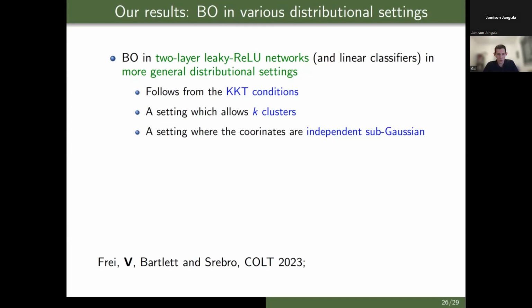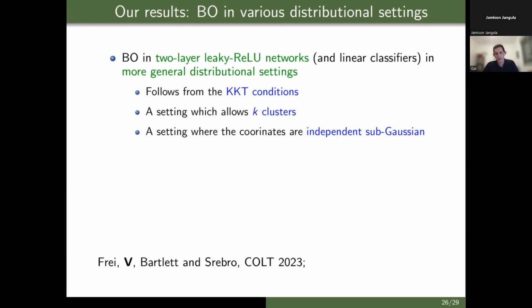Basically, we showed it for two distributional settings. The first setting considers a mixture of K Gaussians. Essentially, it considers K clusters. And we showed that under certain assumptions on the size of the cluster mean, the radius of the cluster, and the correlation between clusters, we get benign overfitting.